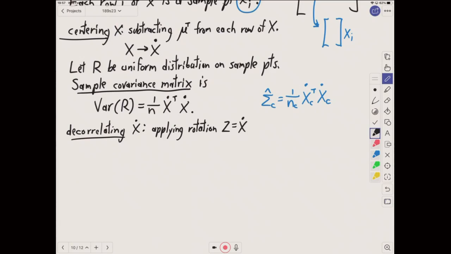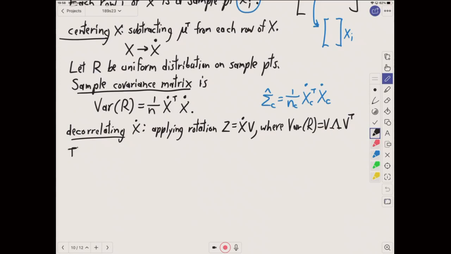So here's what that looks like. First, you take the sample covariance matrix, and you compute an eigendecomposition of that, V times lambda times V transpose. And once you've got that matrix V, you can use it to rotate all of the points in your design matrix, which gives you a new design matrix, Z, where everything is beautifully axis aligned.